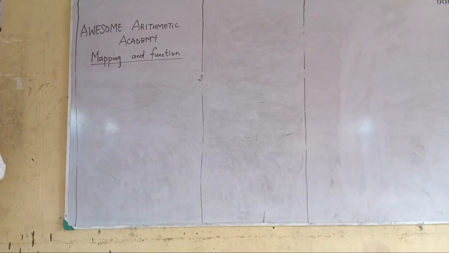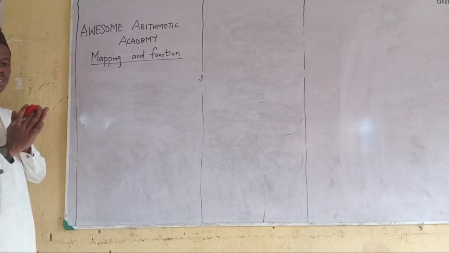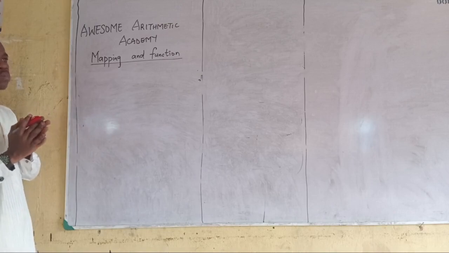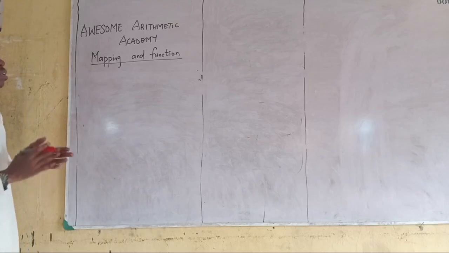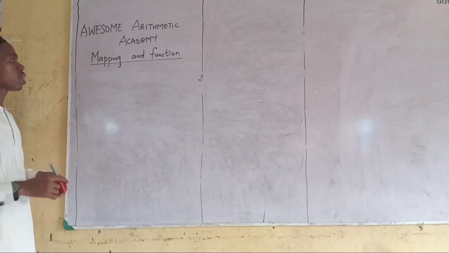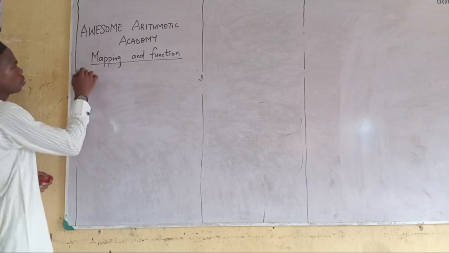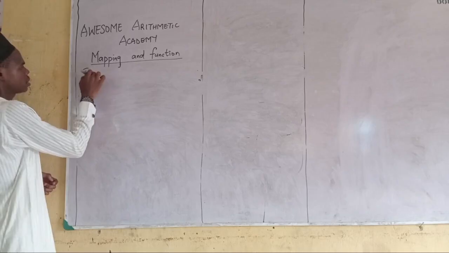Okay, welcome back. Today we are going to be talking about the types of mapping, which is part of the subtopic in the set. So we have the identity mapping.